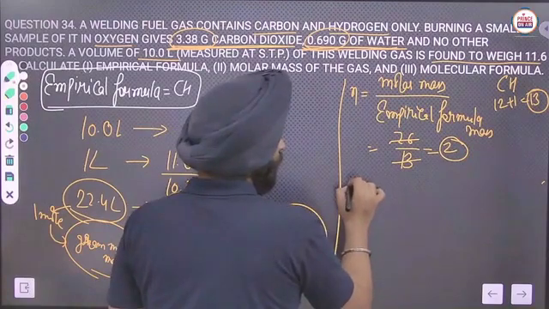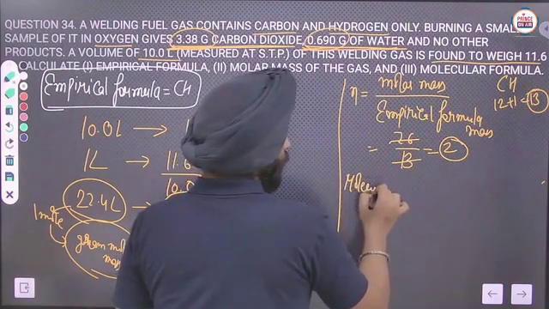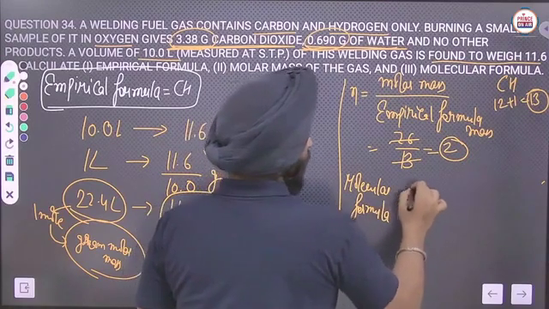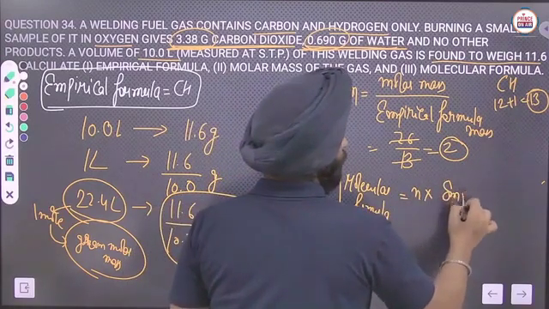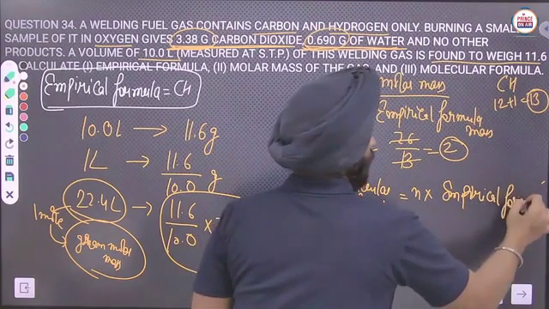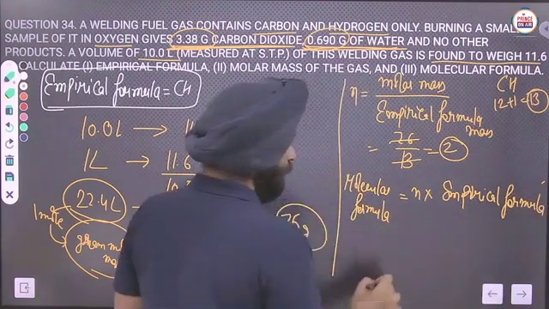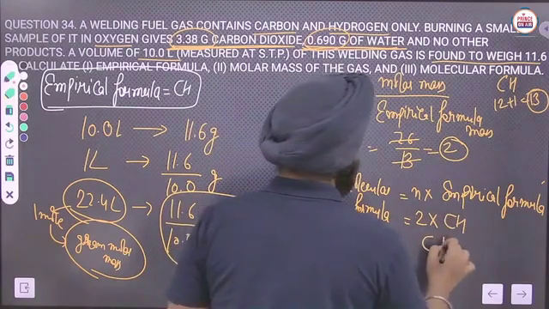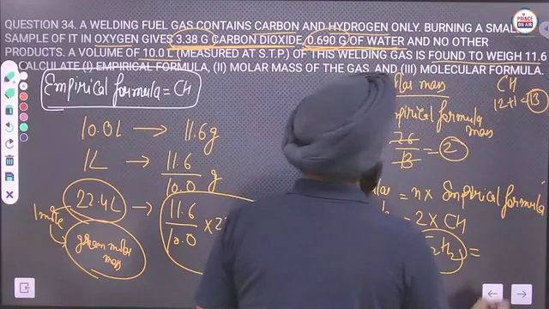Now we know that the molecular formula is equal to n into the empirical formula. So it will come out to be 2 into CH, means C2H2, that is ethyne.